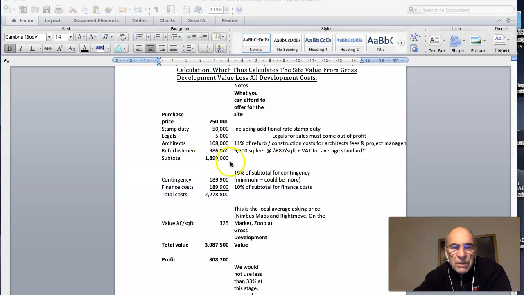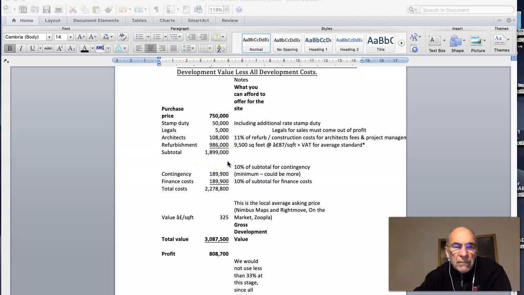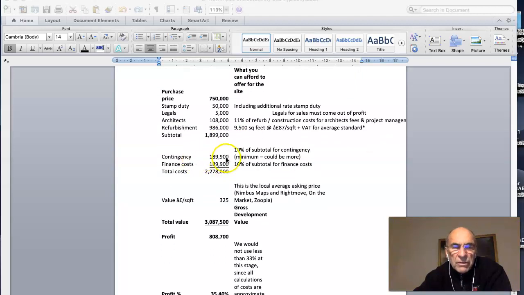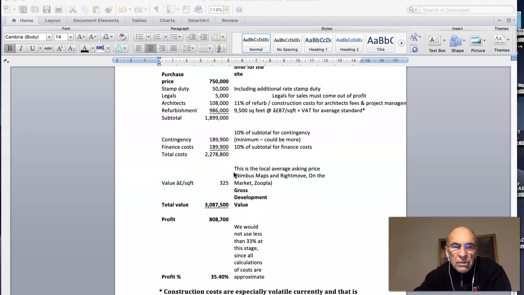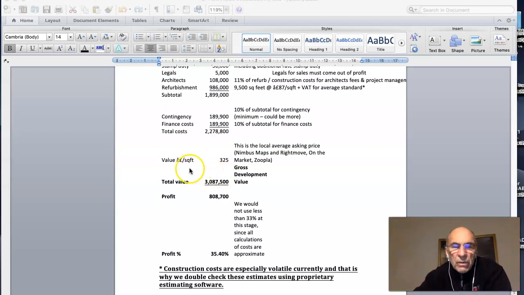So we've got a subtotal of 1.899 million. We add contingency 10% and finance cost 10%, so that makes 2.278 million as total costs. We look then at the average asking price in the area for residential, assuming that's the purpose of the redevelopment.